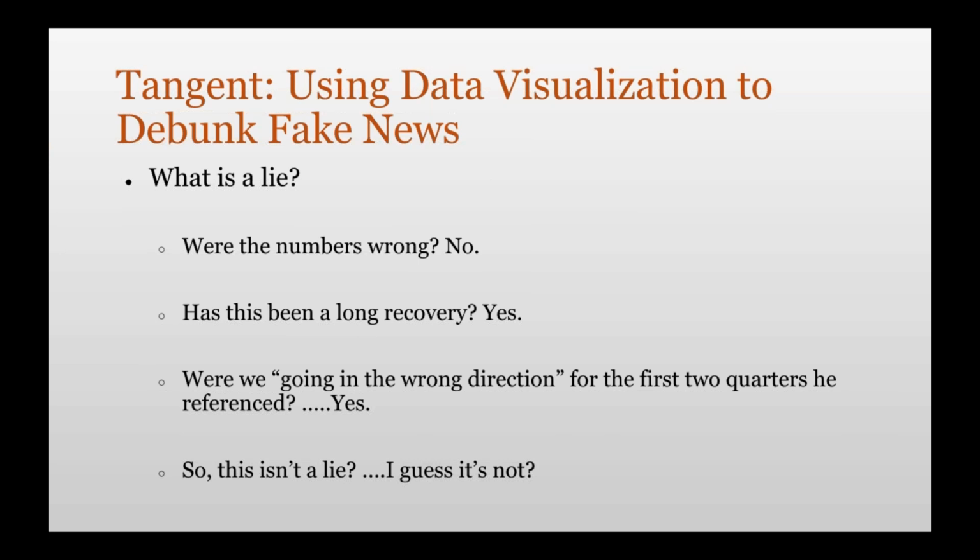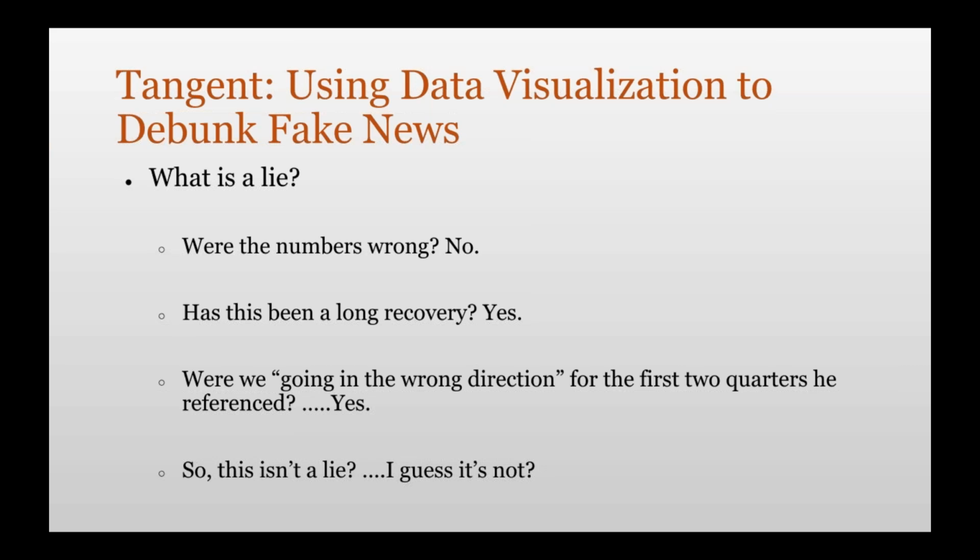If he mentioned the wrong numbers, that's very obviously a lie, but all of the numbers were correct. He mentions as he's talking that it's been a long recovery. It has been a long recovery. Since the Great Recession, it's been slow and not super growth, but a long recovery.